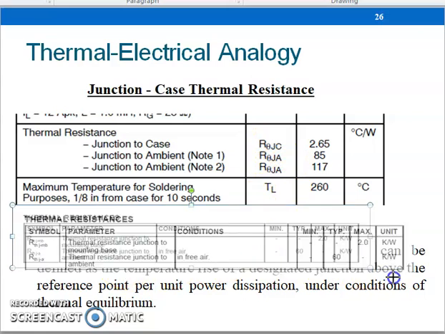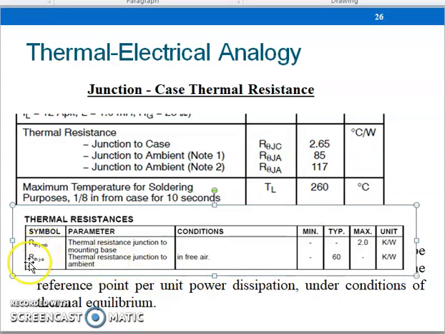Some datasheets rewrite it as R TH, where TH means thermal. From J to A, this one is R thermal JA, R thermal J ambient. This is R thermal JC, R thermal JA.